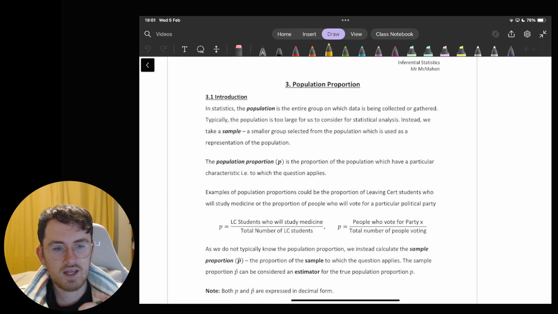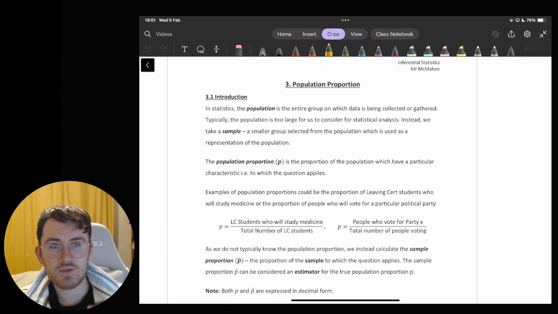The two we're looking at are proportion, the population proportion, and then the population mean. Those are really the two values that we're going to be calculating, approximating, or testing different claims around. So everything revolves around either proportion or mean.